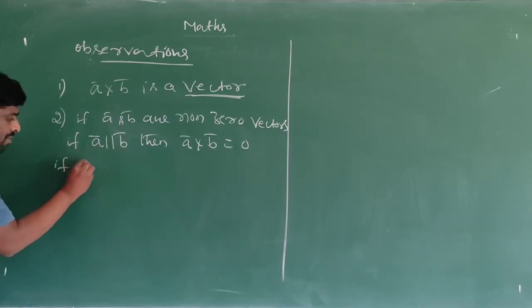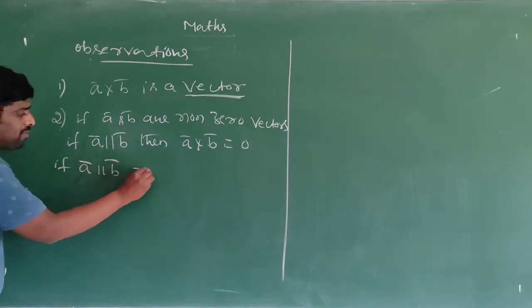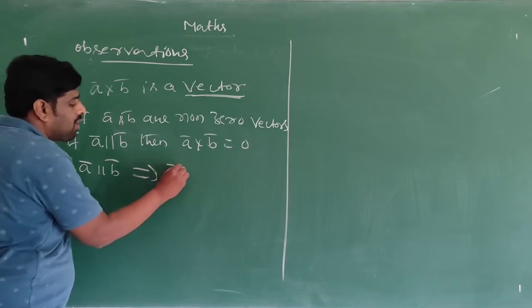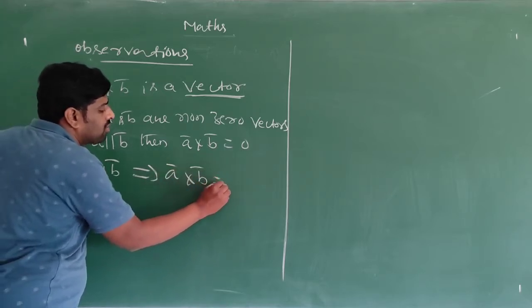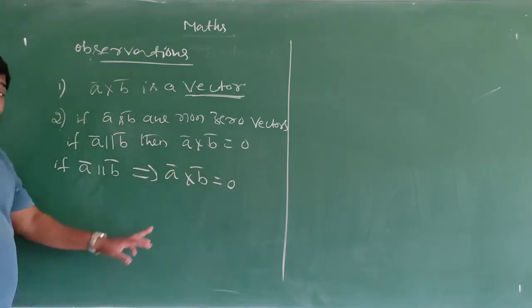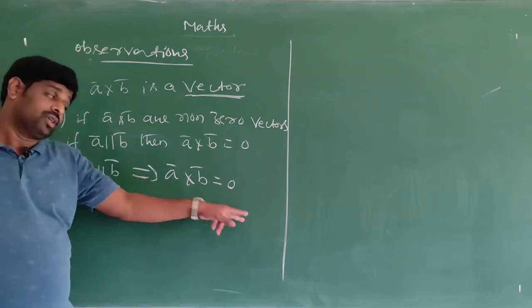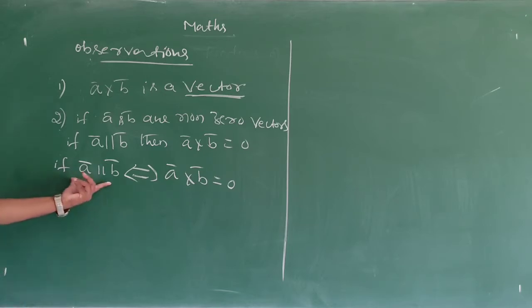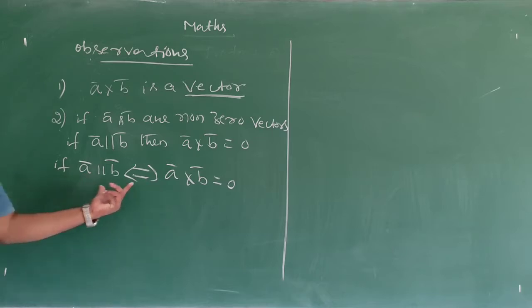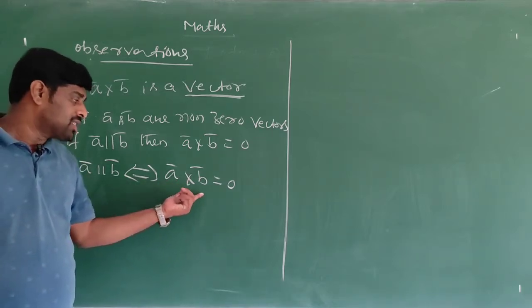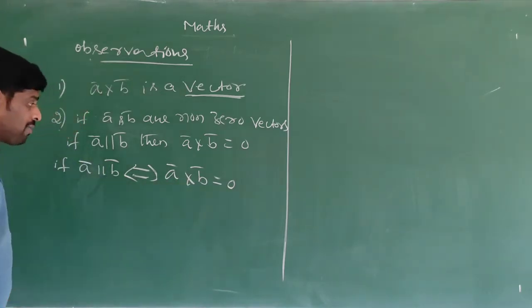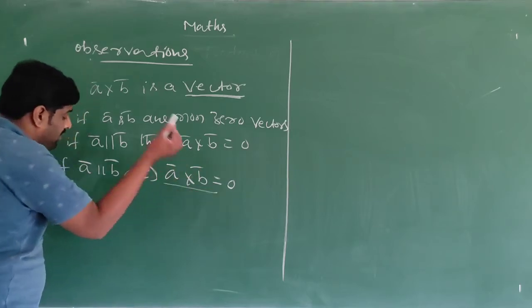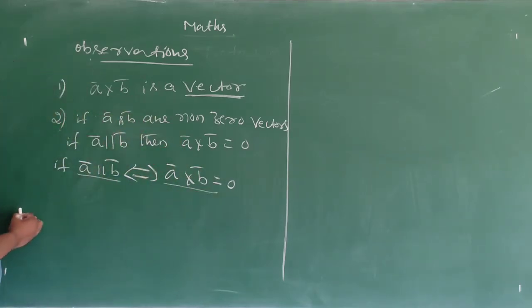If A bar cross B bar is 0, then A bar is parallel to B bar. Suppose A bar is parallel to B bar, then automatically A bar cross B bar is 0.